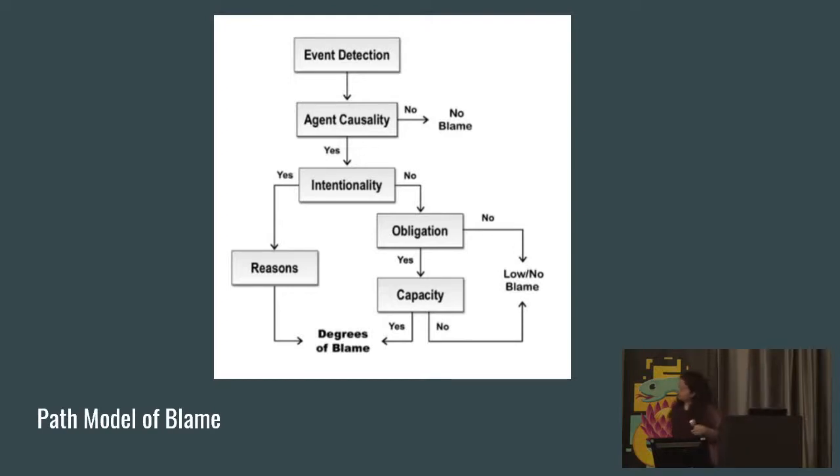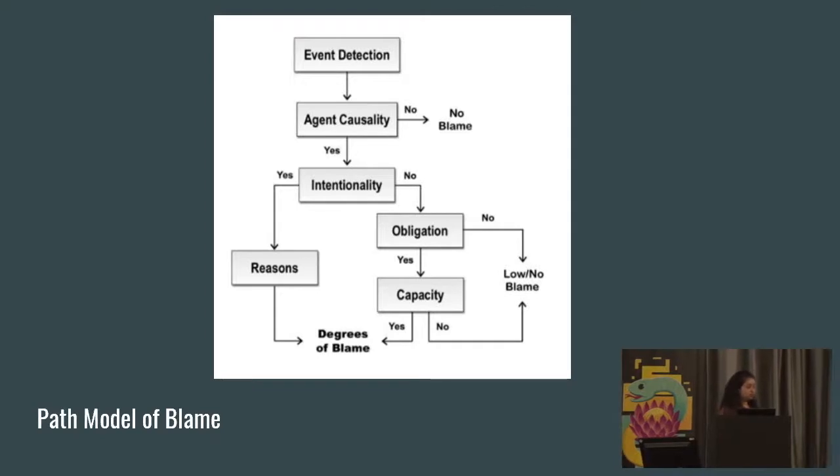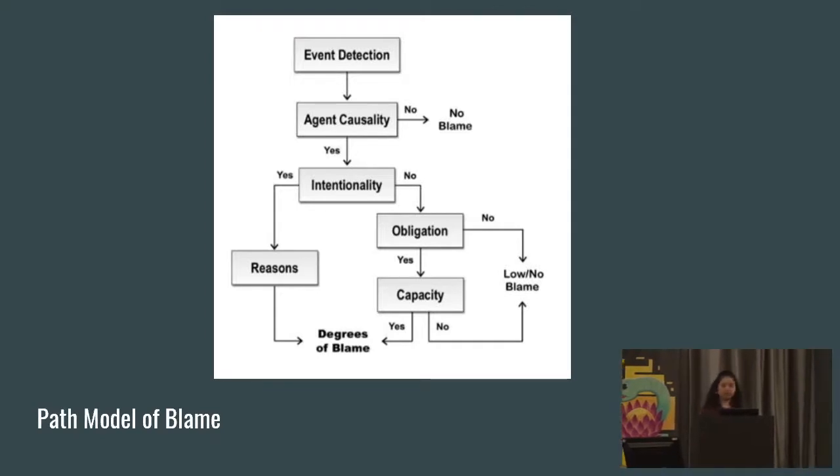There are existing steps to the path model of blame. It starts at event detection. If you have an article or a message, you can extract certain events from that article or message, and you can cluster them as individual events.